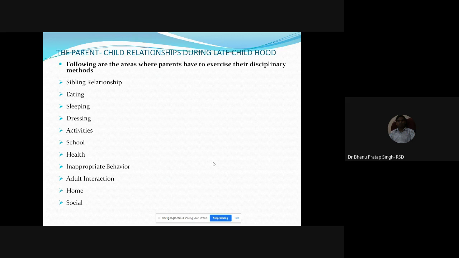So they should provide equal love, equal attention, equal affection. They should inculcate the habit of eating, timely sleeping, proper dressing, activities in a happy, disciplined manner.